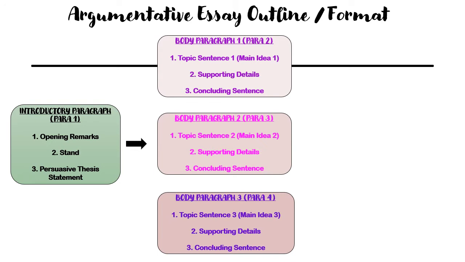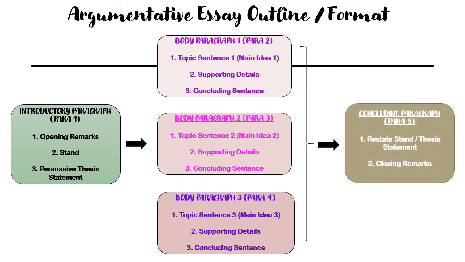Each body paragraph would have 3 components, which are the topic sentence, supporting details, and concluding sentence. And the third part is the concluding paragraph. This part should have at least 2 components: restatement of the stand or thesis statement, or both, and closing remarks.